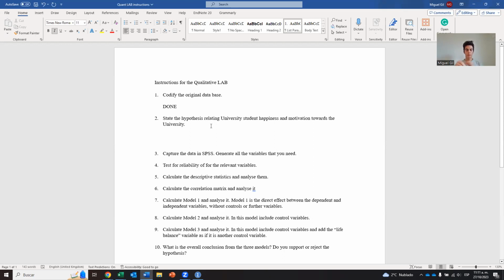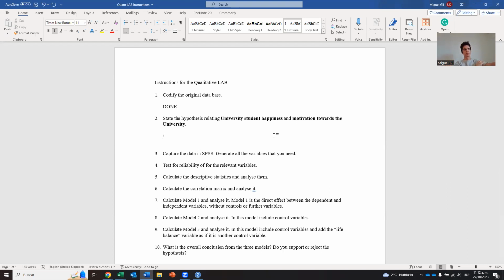Again, if you remember the quantitative lectures, we need to state a hypothesis that states a relationship between 2 concepts, and we need to assume if that relationship is going to be positive or negative. So we already have the 2 concepts, university student happiness and motivation towards the university. And we need to state if it's going to be positive or negative.